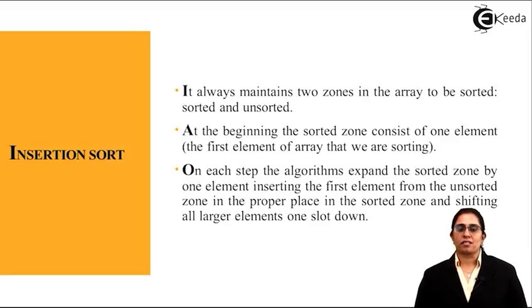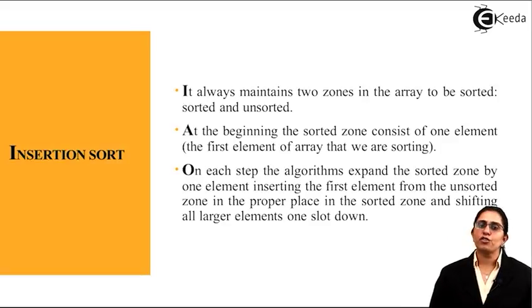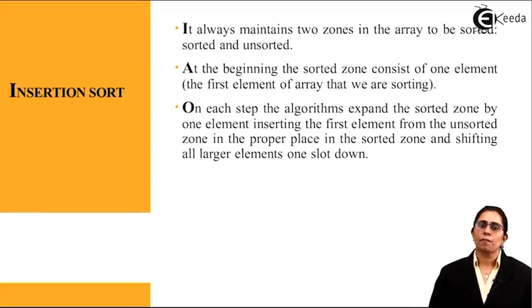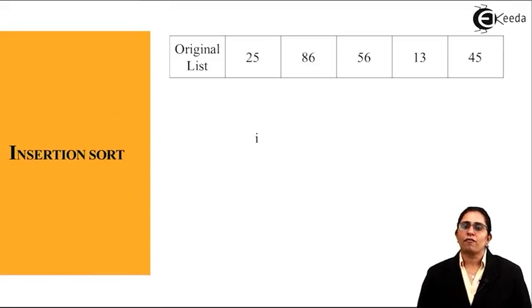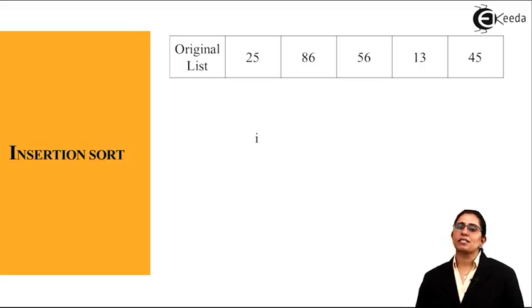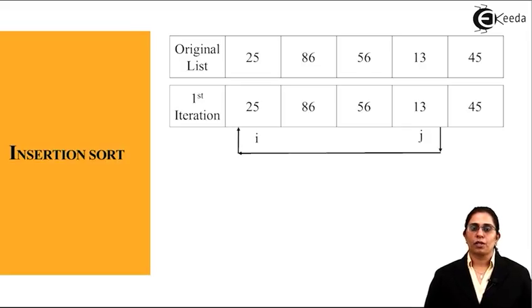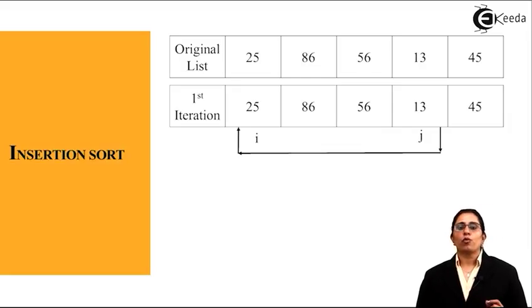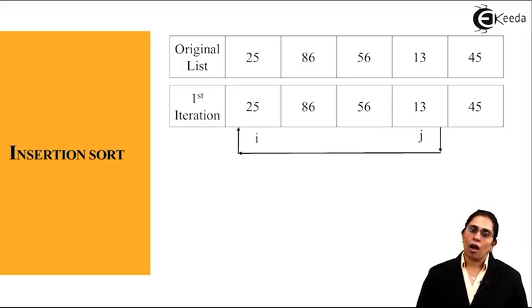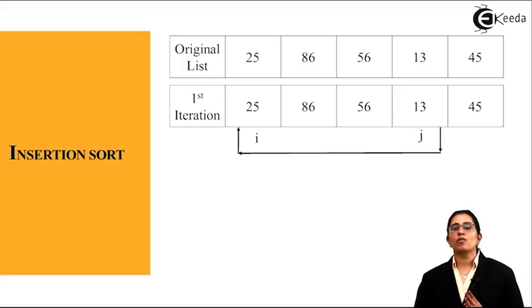So what happens next? In insertion sort, if we consider this as our original list of 5 elements, in these 5 elements we have taken 25, 86, 56, 13 and 45. Now what do we do? Whatever we do at the first instance is known as the first iteration for an insertion sort. For my insertion sort, 25 is at a location i and the rest of the elements will follow as we move further.